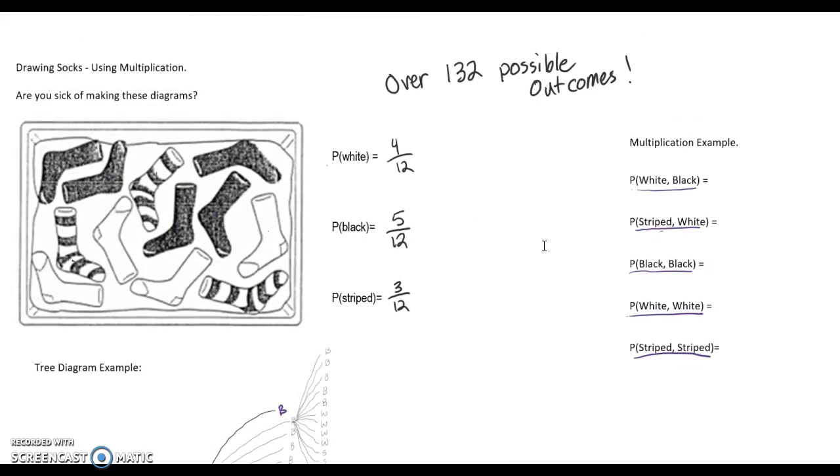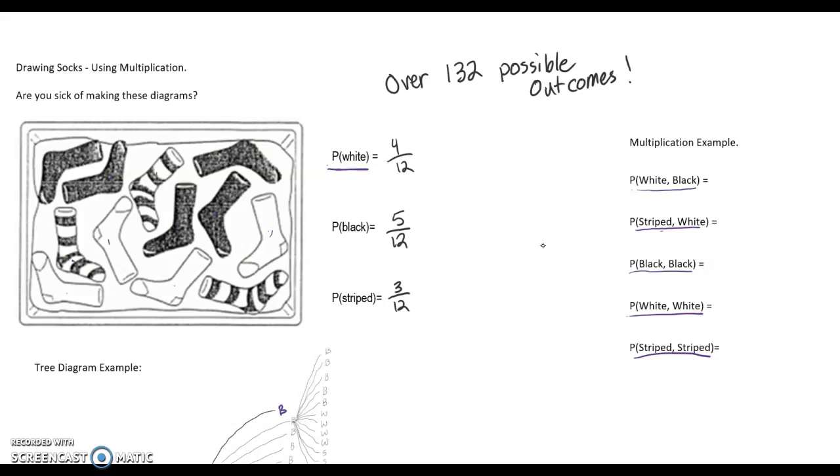So to start out, you need to find the probability of finding a certain sock. So like, for example, the probability of finding a white sock, we would do 4, because there are 4 white socks, and put that over 12, because there are 12 total socks in this drawer. Then we would find the probability of black.